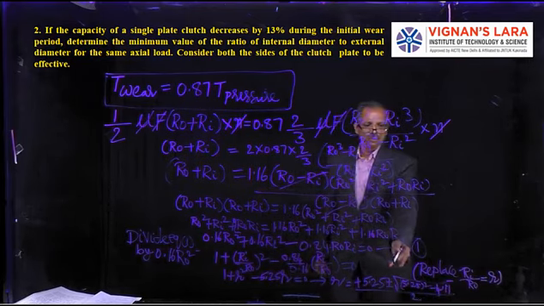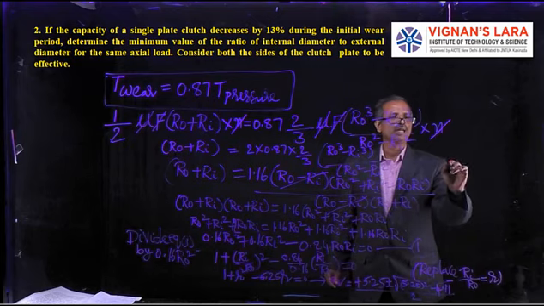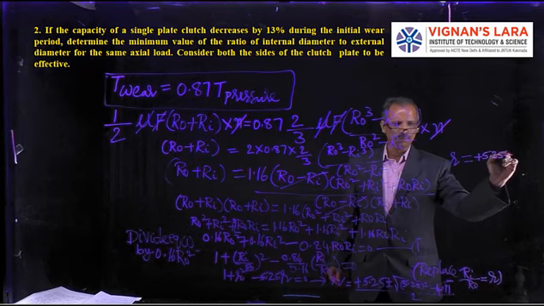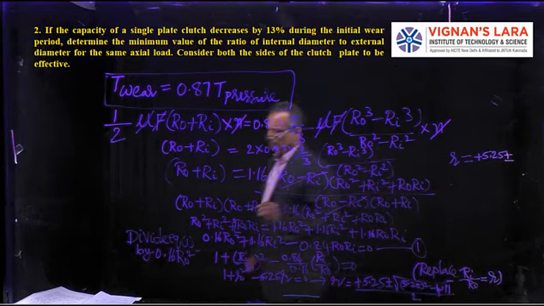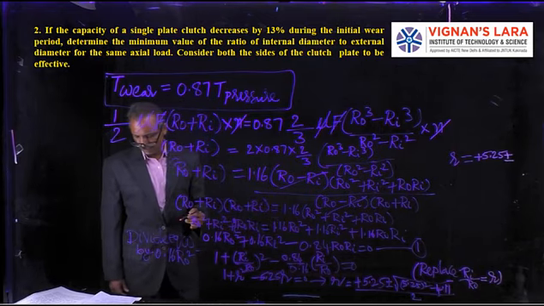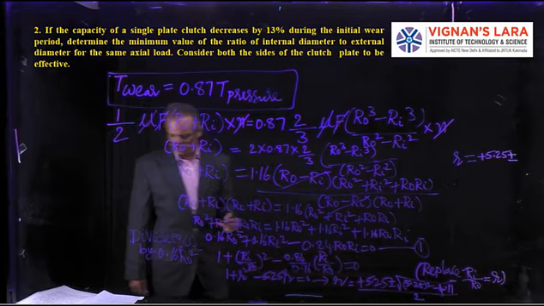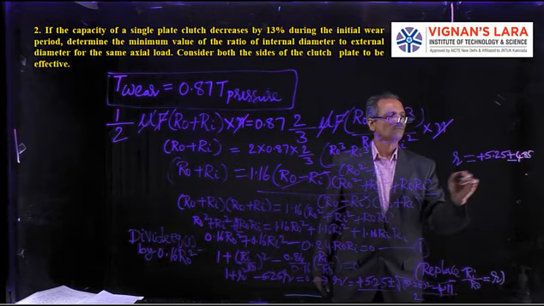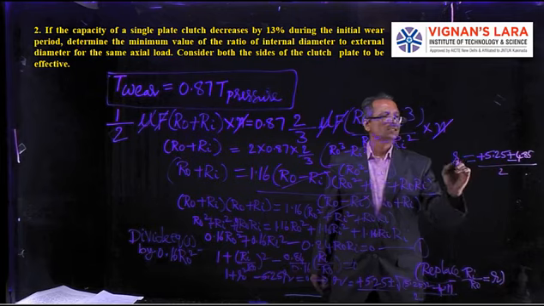So if you simplify this value, then r is equal to 5.25 plus or minus. So what is this root part? It is 4.85, by 2.